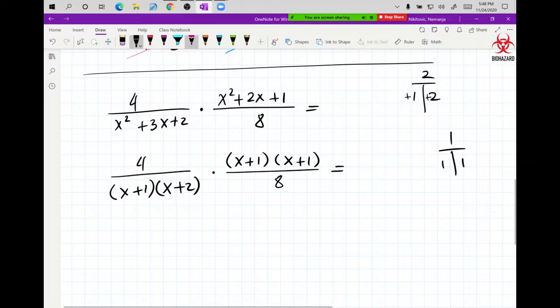And now we cancel the numbers and we cancel x plus 1. Right, so those are the pair of identical factors, which we can cancel. So what's left? x plus 1 divided by 2 times x plus 2. And that's it.